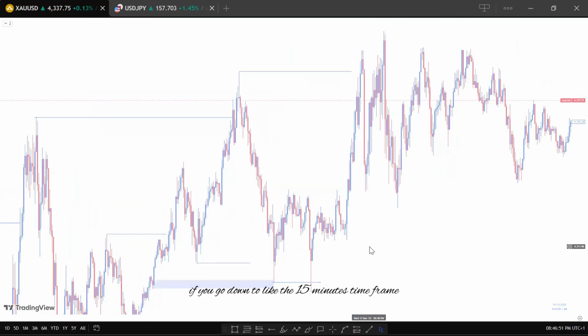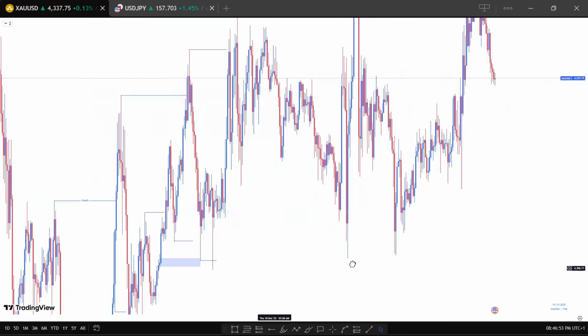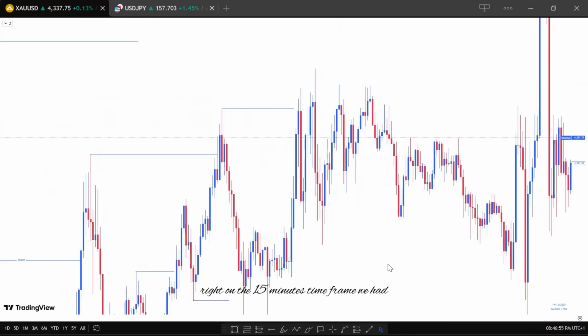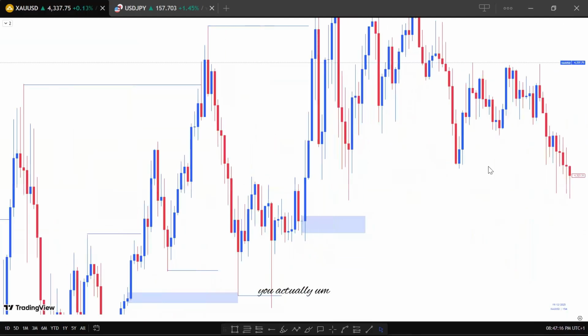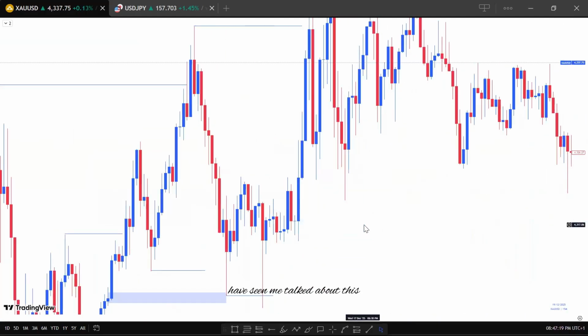If you go down to the 15 minutes time frame, we had this demand right here. But mind you, this demand is not really complete, because we had this nice order block right here. If you enroll for my mentorship, you have seen me talk about this particular type of order block.